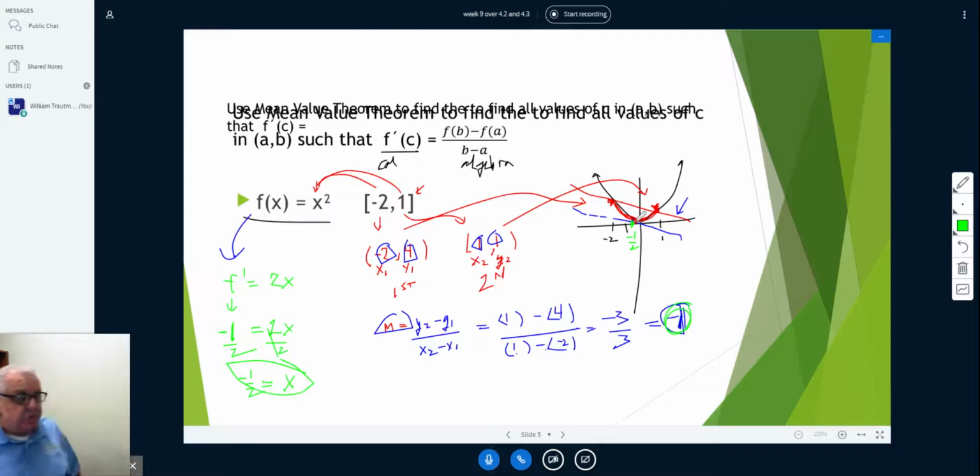I know the slope equals -1 also. So that's what the mean value theorem says. We find this slope, and then we'll find the point on the graph, and it just happens to be x equals -1/2. If you want to find the y value, just plug -1/2 in here. The actual y value for that coordinate, -1/2 squared, is +1/4. Okay? That is the mean value theorem.